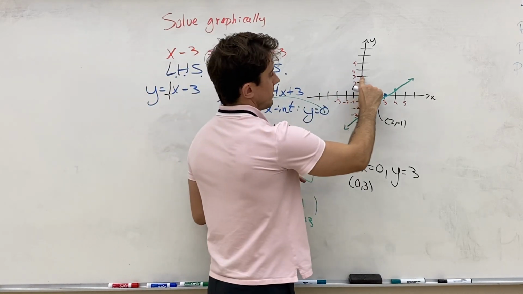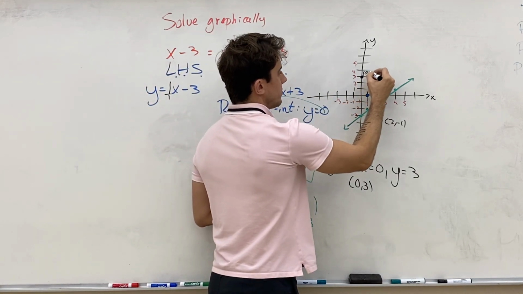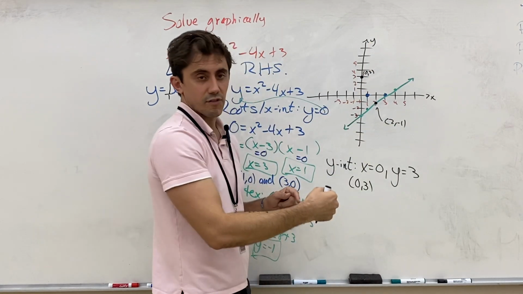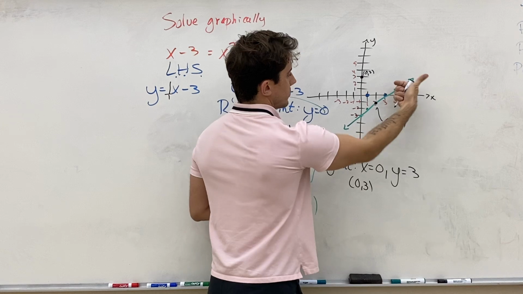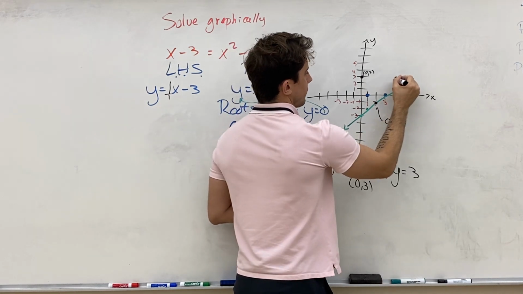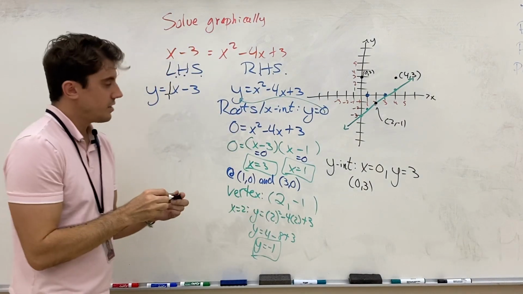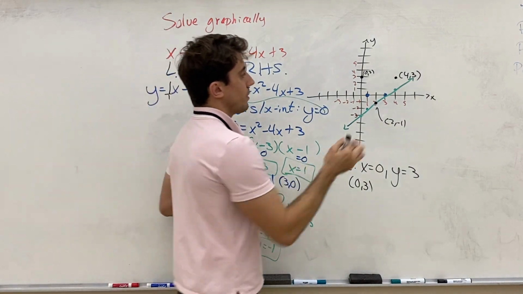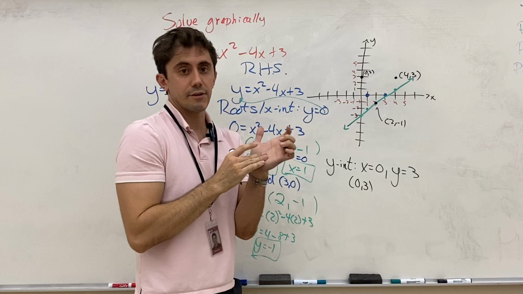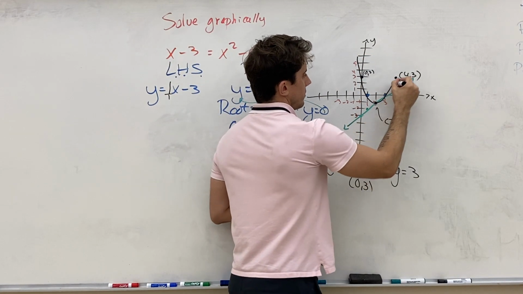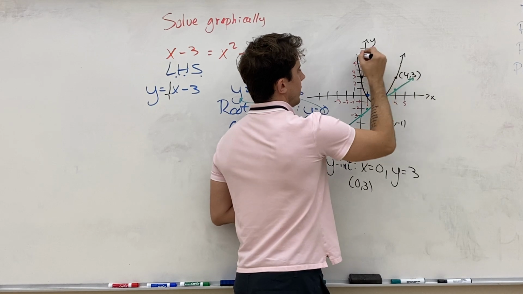Since it's at 0, 3 here, and it's 2 units away from the line of symmetry, from the center of our parabola, we can get it flipped onto the other side, which will be at 4, 3. And that's our fifth point typically for our parabola. Now we have 5 points nicely laid out on the graph, and so we can sketch said parabola like so. And there we are.